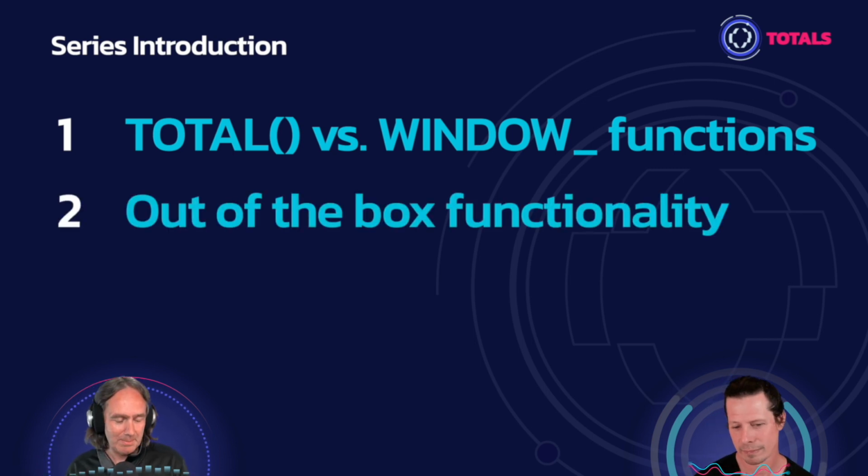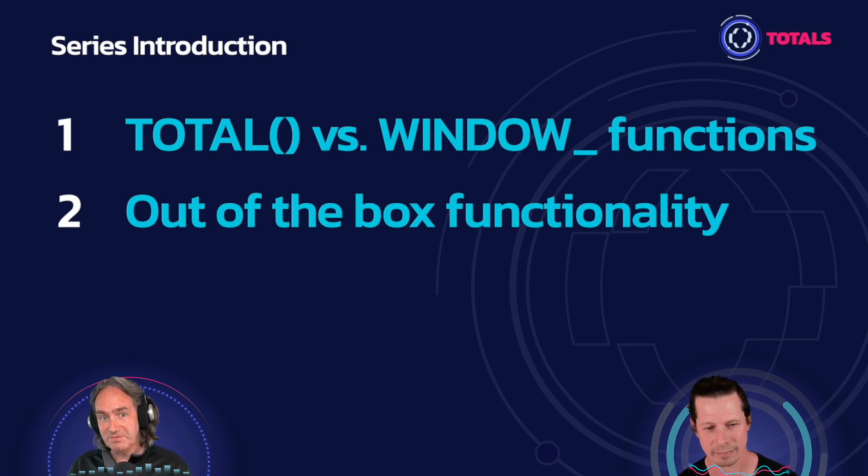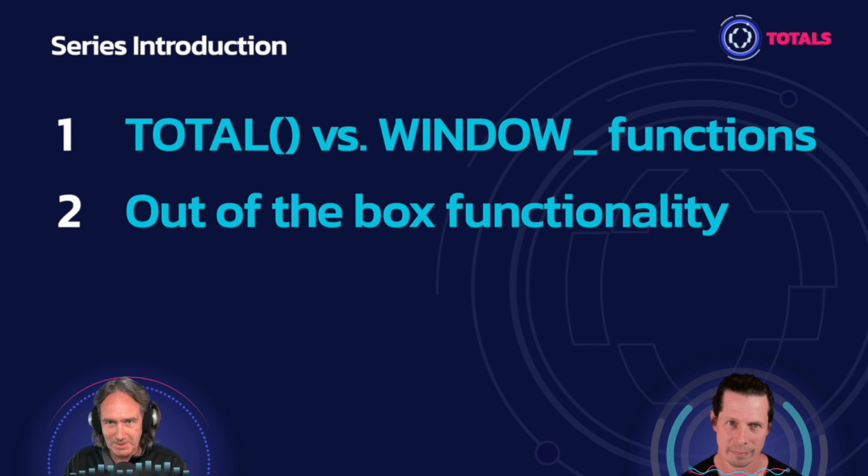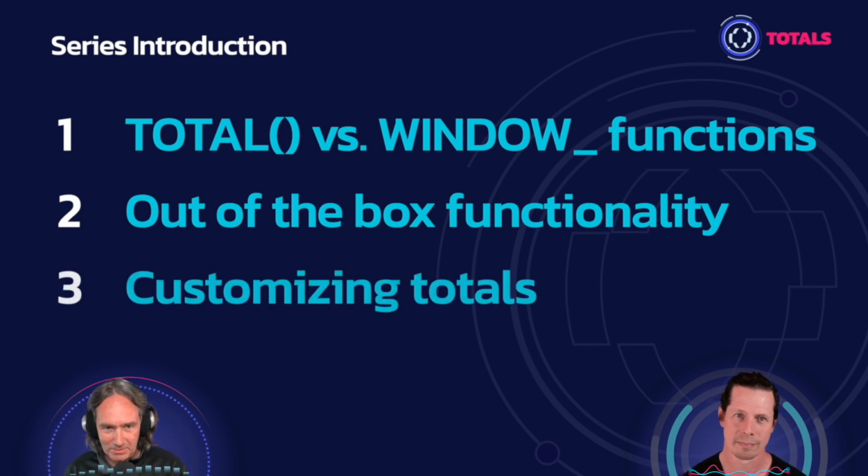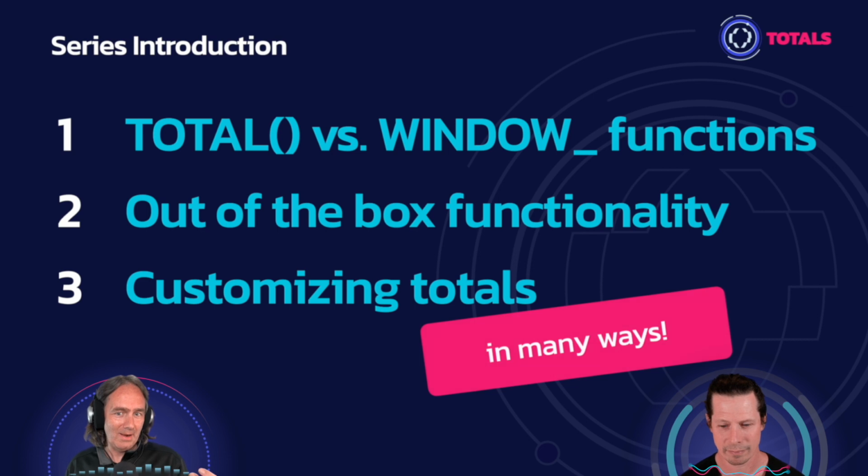And then in our next video, we're going to talk about the out of the box functionality. What is it that Tableau can do point and click, real easy? And then the whole rest of the series is going to be on different ways we can customize totals, and there's about 8 different videos covering different use cases on that.